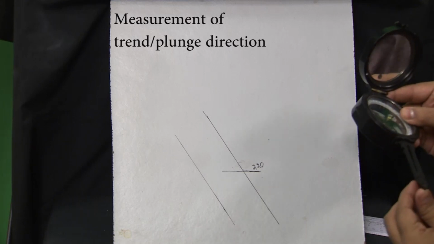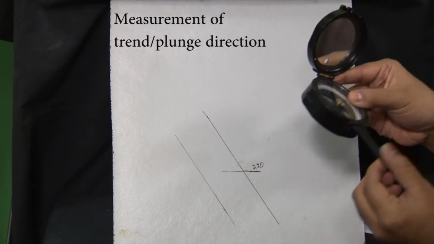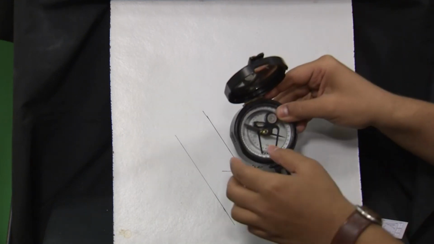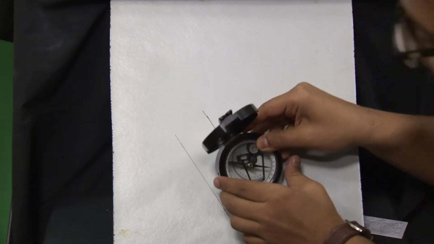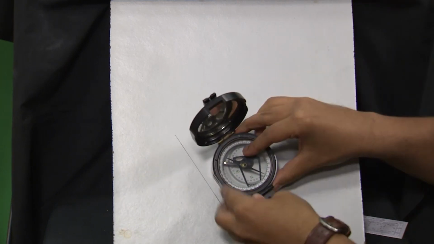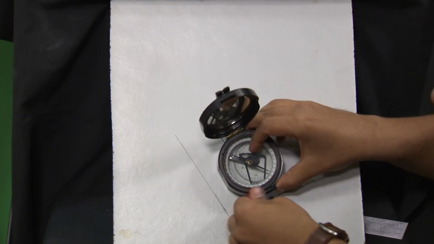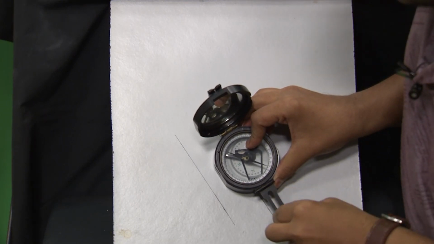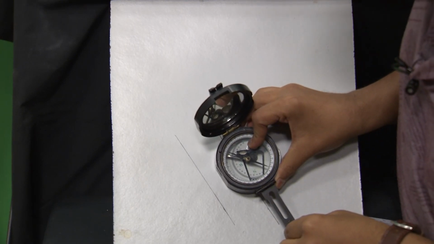Now we will measure the plunge direction or trend of the lineation. In order to measure it, the pointed arm will remain parallel to the lineation, and we will hold the compass in this way, and with the see-through arm we will make sure that the pointed arm is parallel to the lineation.